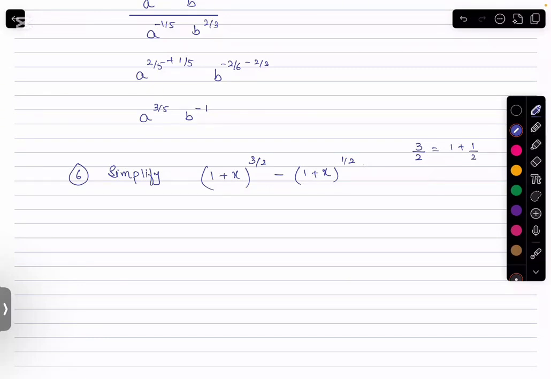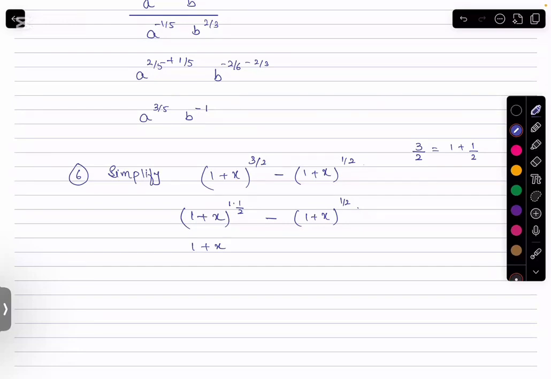Yes. Acha, so 1 plus x to the power 3 by 2, right? So for that, I can say it's 1 plus x to the power of 1 and 1 by 2, right? And then I have minus 1 plus x to the power of 1 by 2, correct? Yeah. Okay, so here can I say that this is actually 1 plus x?